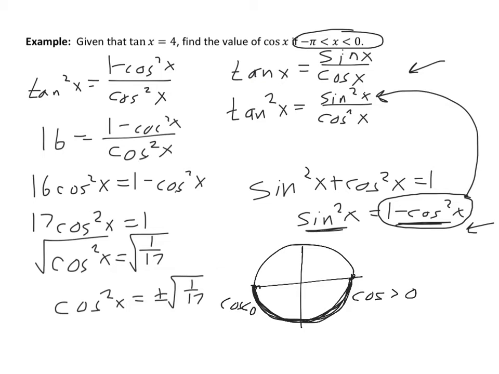I don't know if you thought about this, but think about the values of tangent. What do we know about the values of tangent in this quadrant, in the fourth quadrant? Down here, tangent values are always negative. And over here, tangent values are always positive. So it's a little bit strange.